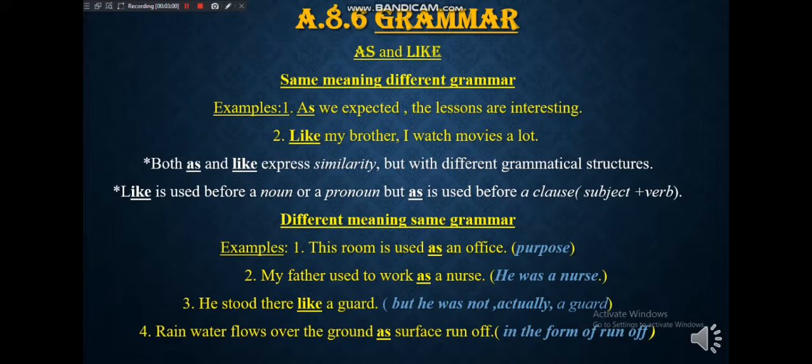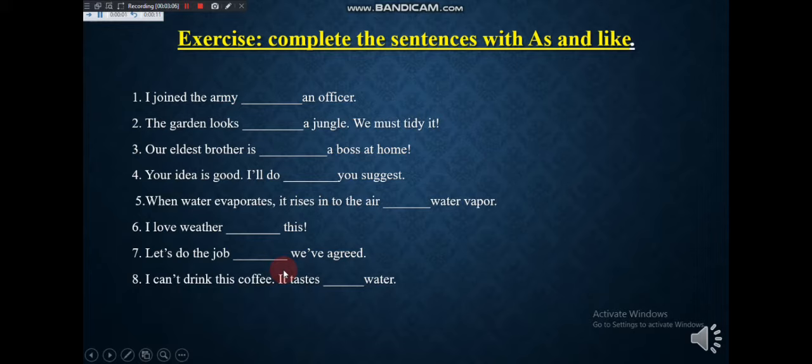Based on this lesson, let's try to attempt the following exercise. Well, you need to pause this video so that you can write your answers on a piece of paper or in your exercise books. And later I'll give you the correct answers.